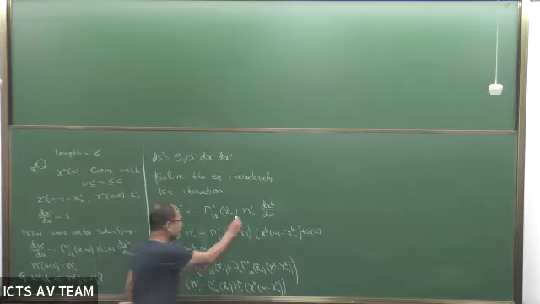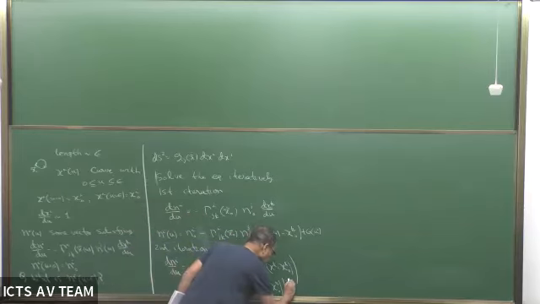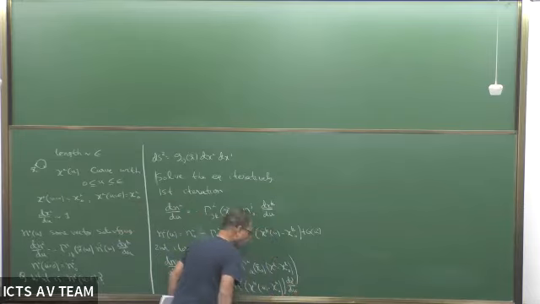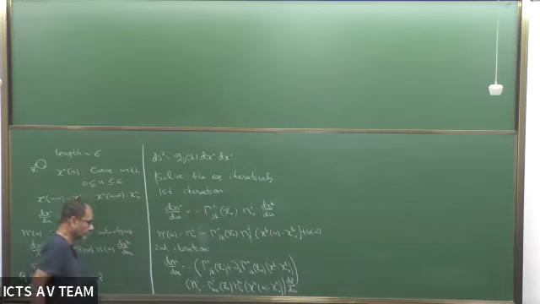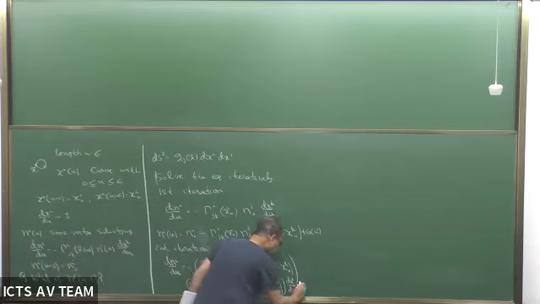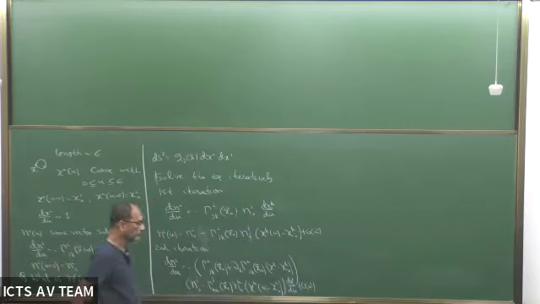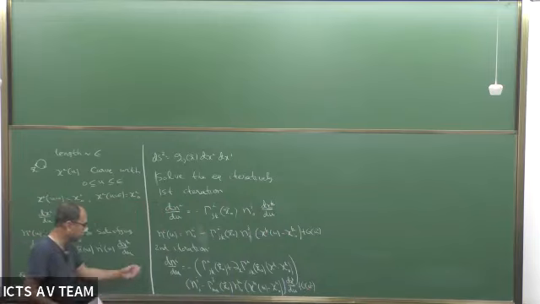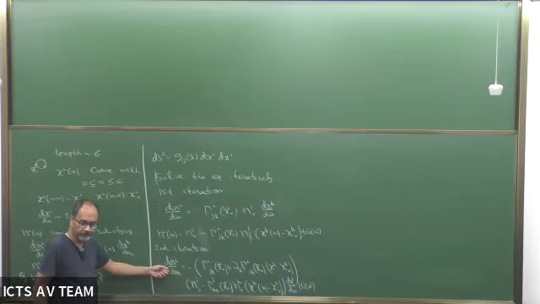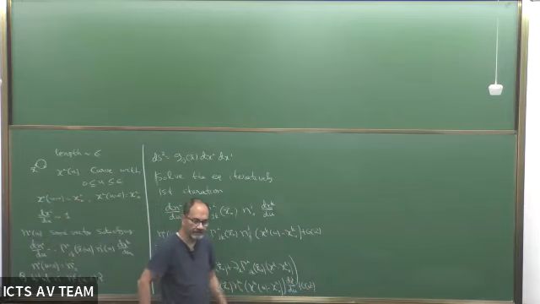And finally dxk du I'm going to keep as it is. Plus order u square. So if we integrate this, we will get order u cube error, because the order u square term we don't know what it is.